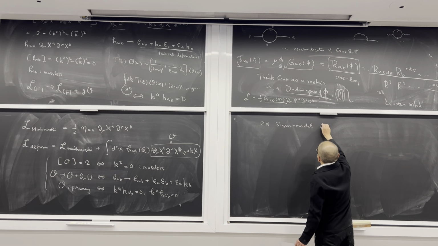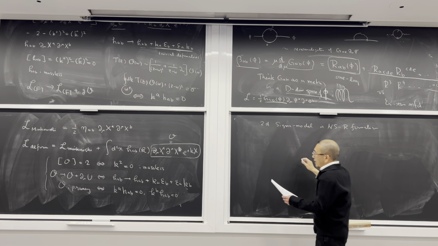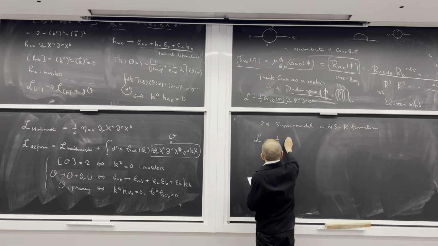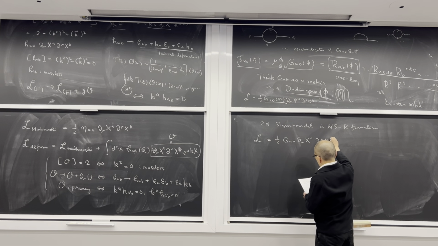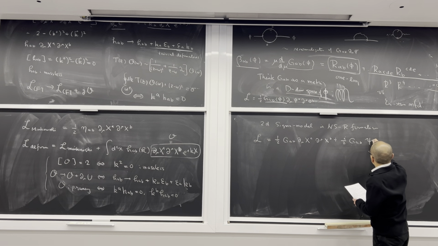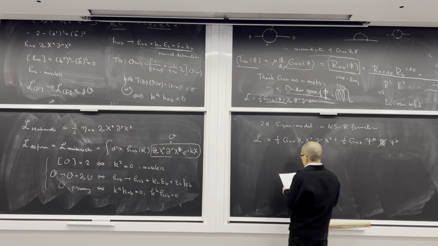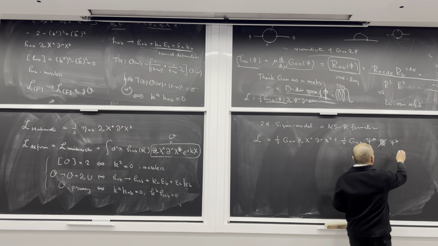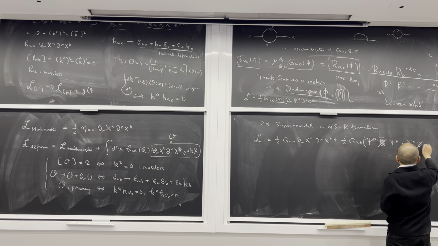So if I use the NSR formalism, then the Lagrangian density is equal to 1/2 G_AB ∂_μ X^A ∂^μ X^B plus 1/2 i G_AB ψ^A ∂̸ ψ^B, and then there is the other direction, ψ̄^A ∂̸ ψ̄^B.